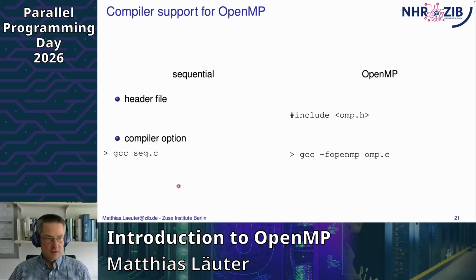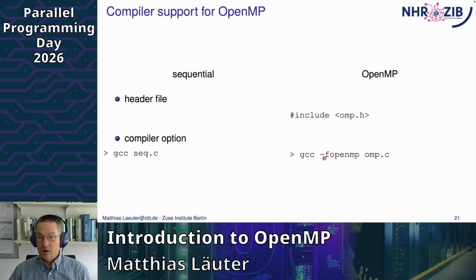If we start with the sequential code, and the sequential code is called seq.c, we compile it with GCC, and OpenMP needs to include some header file. Because we want to apply functions from OpenMP, we need to have the headers, and the compiler needs to know, yes, I need to be aware of OpenMP.